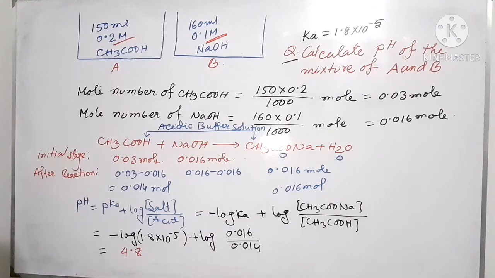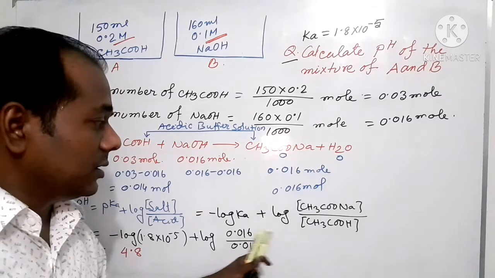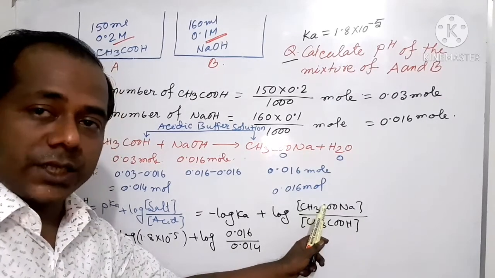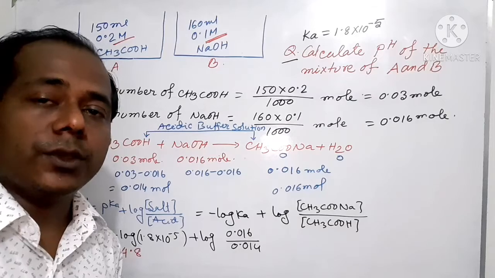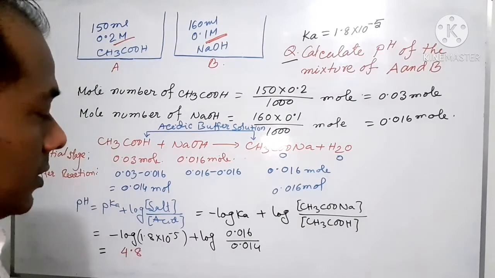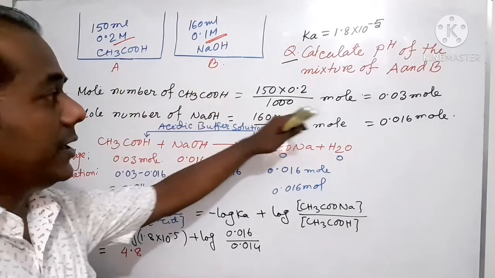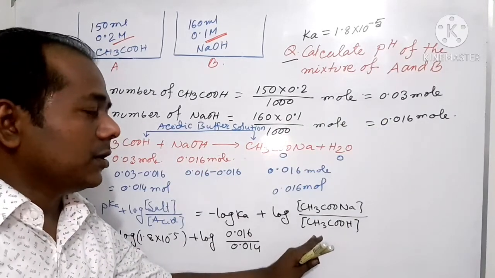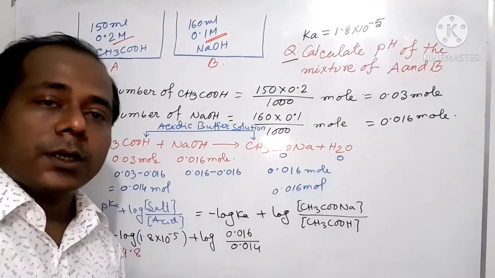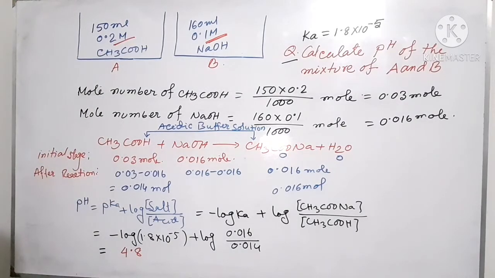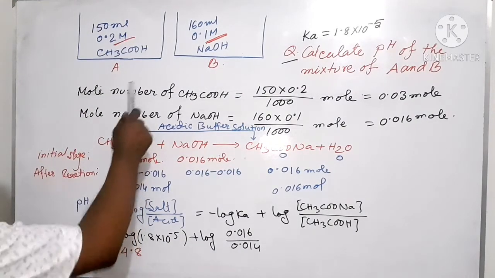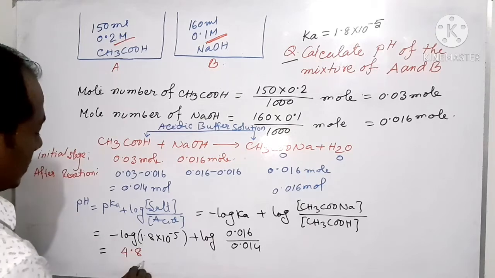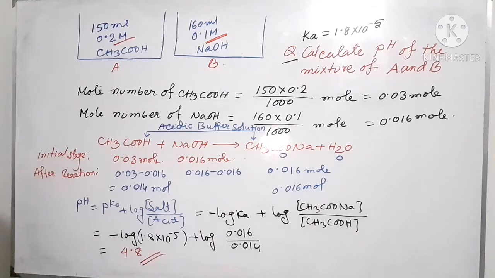Here we use mole number instead of concentration, because if we calculate the mole number, then we can use mole number instead of concentration, and the pH of the mixture is 4.8.